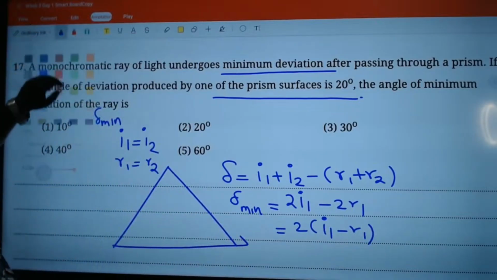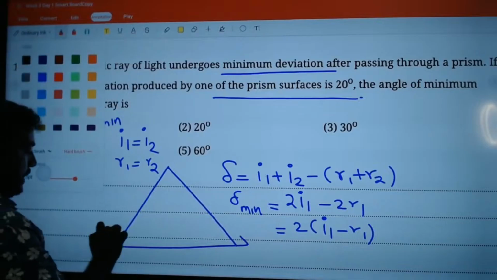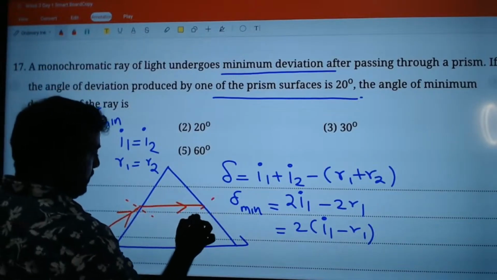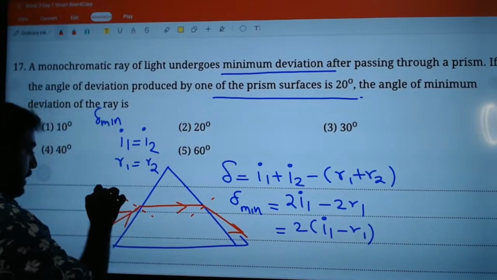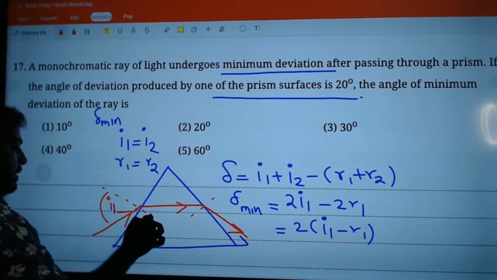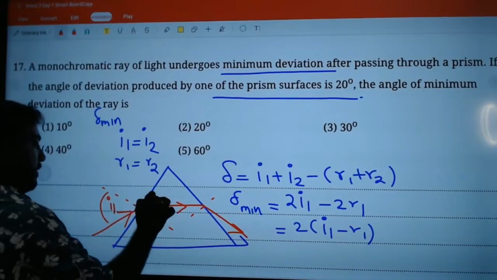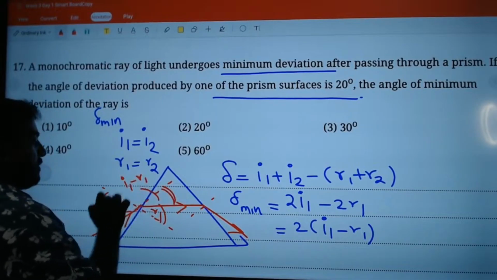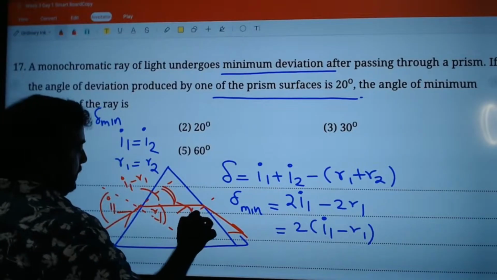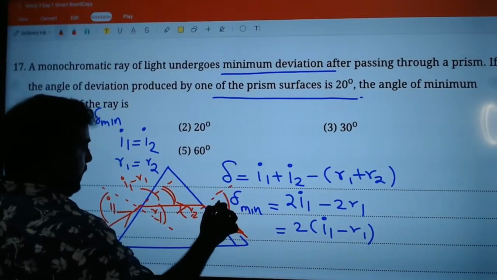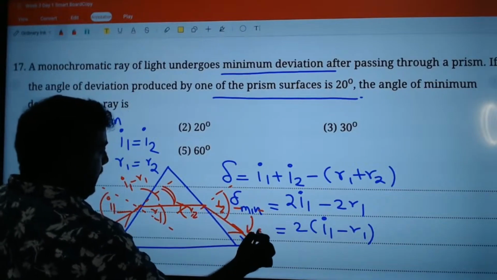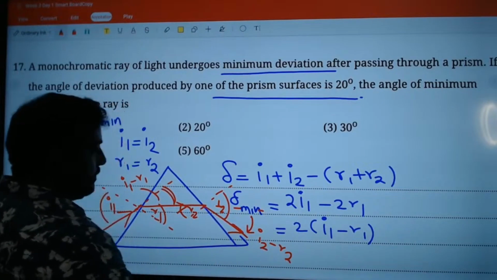If I draw the ray diagram here, light ray coming, here it's I1, here it's R1, this angle is I1 minus R1, this is R2, this is I2, this angle is I2 minus R2.